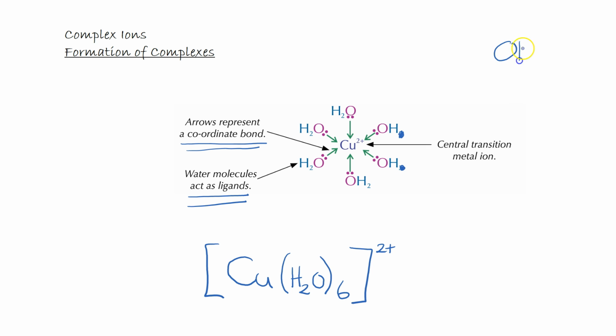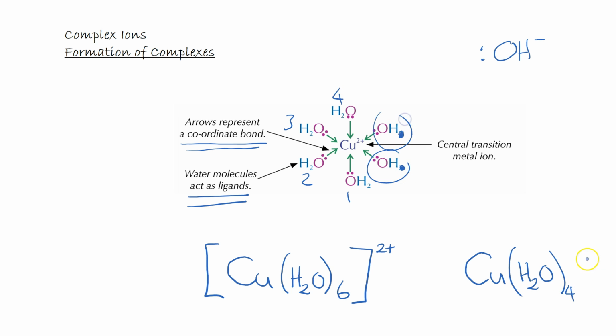Now OH has got a 1 minus charge, so I'd then be able to write the formula of this new molecule as the central metal ion, copper, the ligands, which in this case are water, and now because I've removed two of the hydrogens from the waters, I now only have 4 water molecules, and two of them here are OHs, that's another ligand, and I simply put the number next to it.